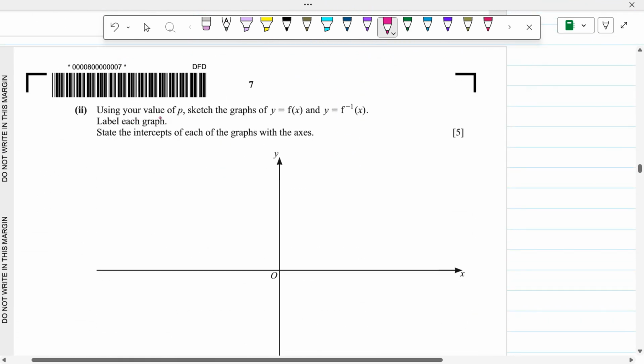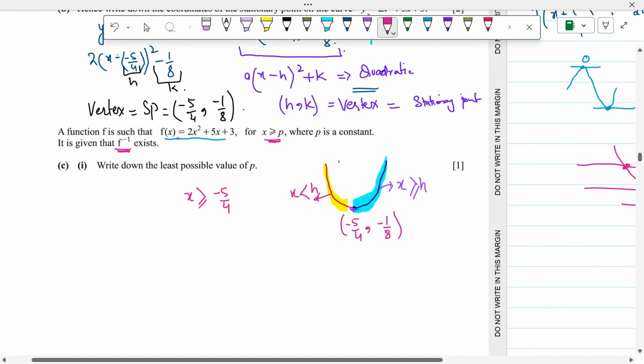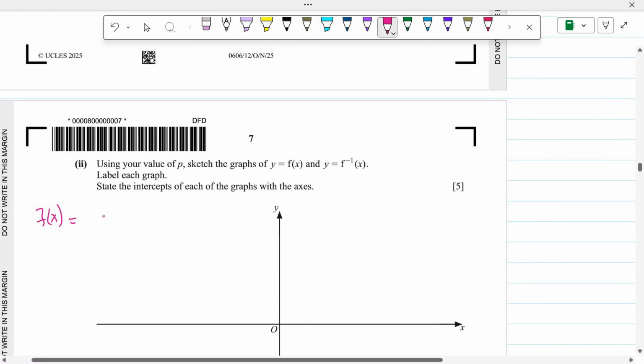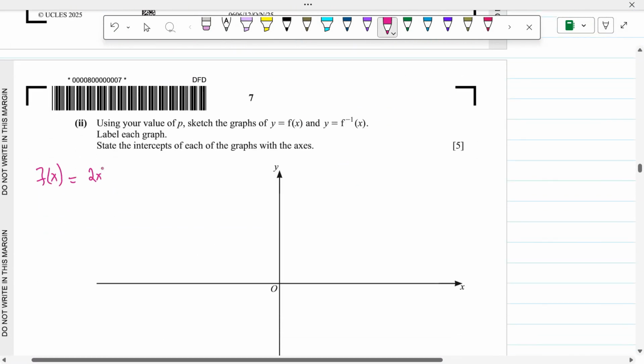Now, using your value of p, sketch the graph of y equals f of x and y equals f inverse of x. Label each graph and state the intercepts of each graph with the axes. We have f of x, the quadratic equation, equal to 2x squared plus 5x plus 3. We need to find the intercepts.